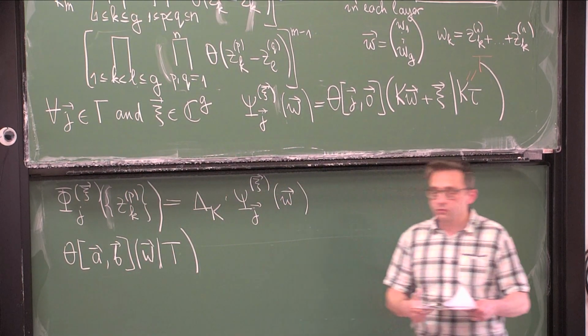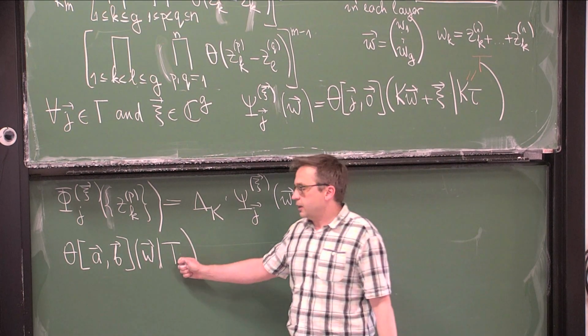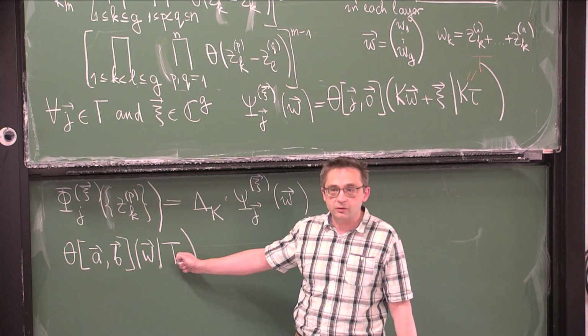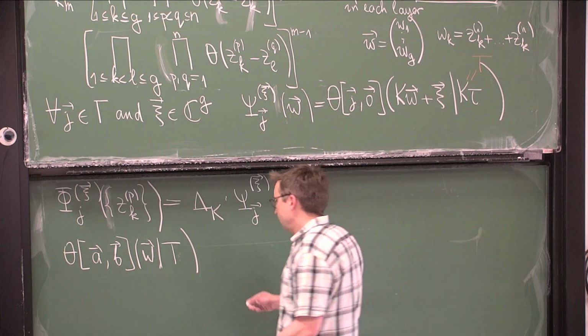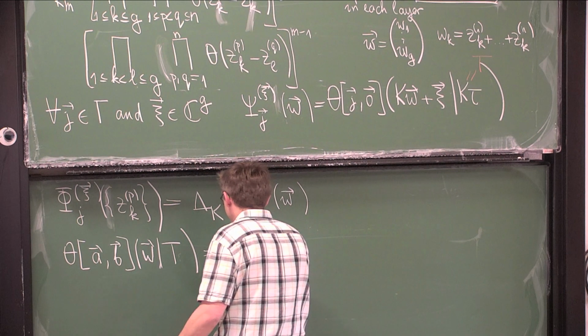For the definition of the multivariate theta function, I need a symmetric matrix with positive definite imaginary part, and it is again given by a series.